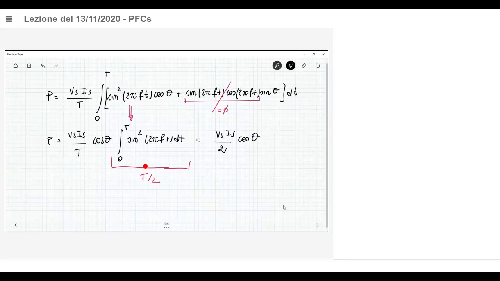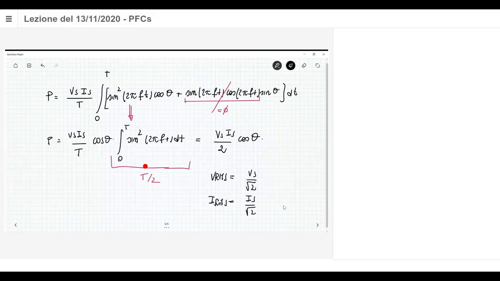So when you have two sine waves and you get the average power, you can recognize that the root mean square value of the voltage is simply Vs over square root of 2, because this is a sine wave. The same happens for the root mean square value of the current, which is Is over square root of 2.